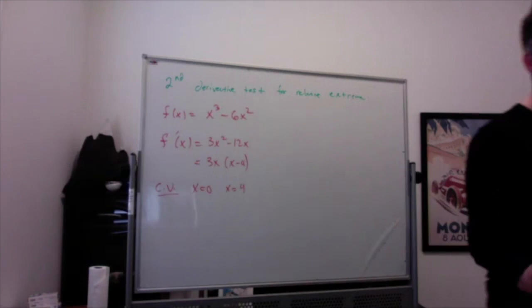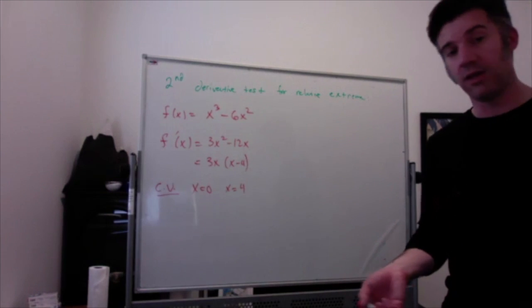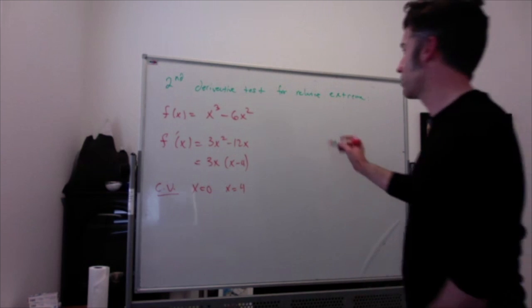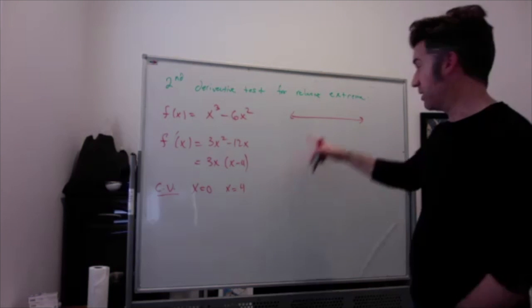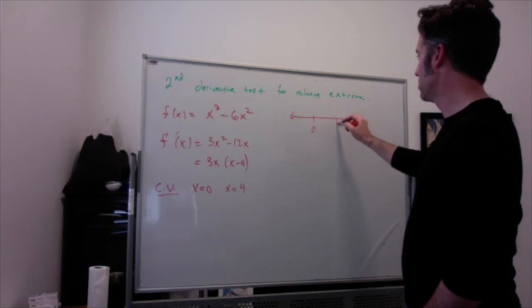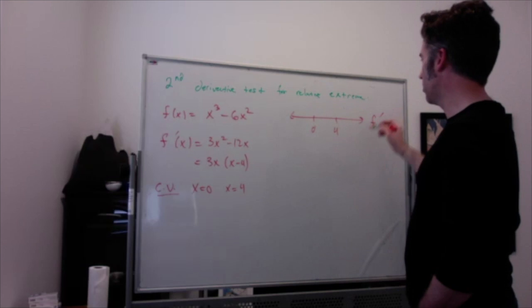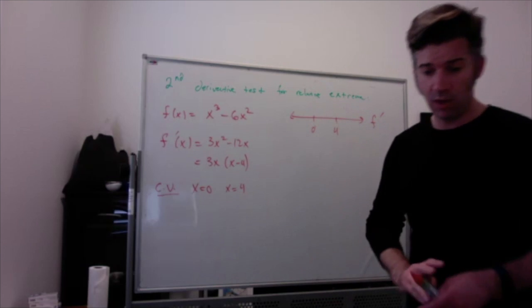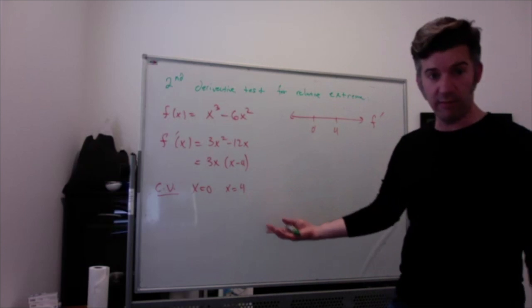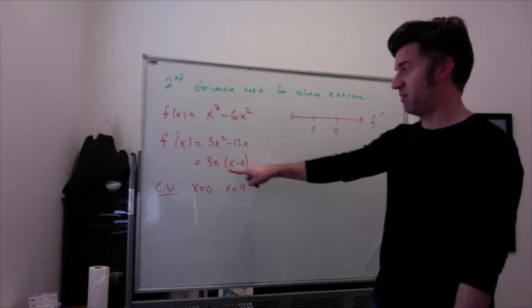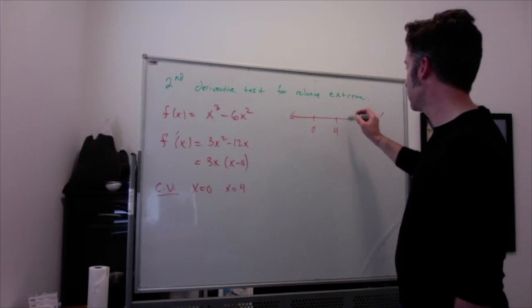And the way you would see if those were relative extrema using the first derivative test is the following. You draw the number line, you put your critical values on the number line, and then you ask, what's that first derivative doing? Well, pick a number larger than 4, like 7, and plug it in. That's positive, the whole thing's positive.